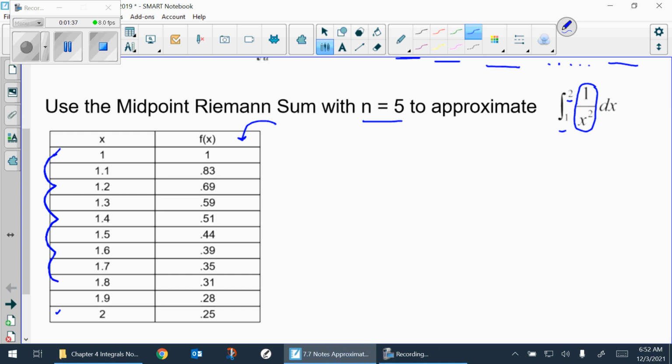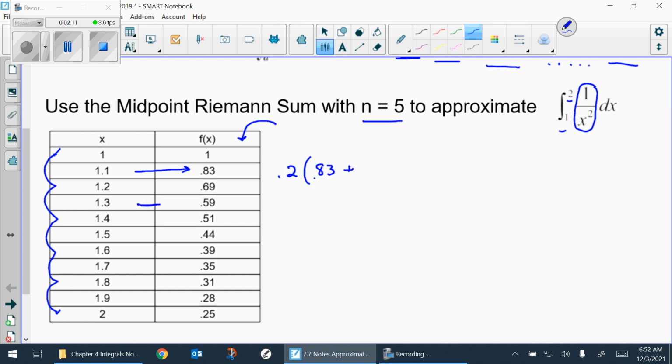Remember, when you're doing midpoints, you got to make sure when you're finding the area using midpoints that the numbers actually do appear in the table. We're forced in this problem to make jumps of 0.2 so that we do have the actual midpoint in the table and a value for the function at that midpoint. So we'll take 0.2 as our change in x, and our height at the first midpoint is 0.83.